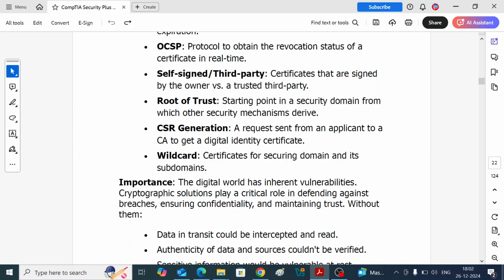CSR stands for Certificate Signing Request. You request a certificate from a third party like DigiCert. Wildcards are certificates which are used for securing the domain name and its subdomains.